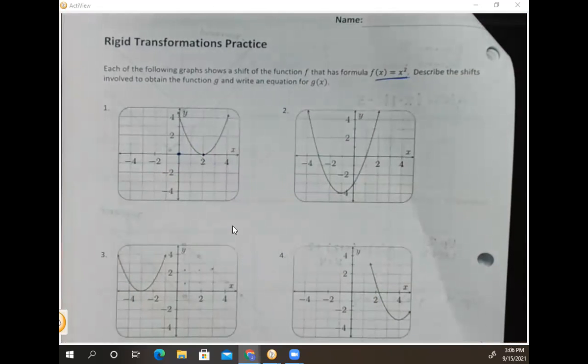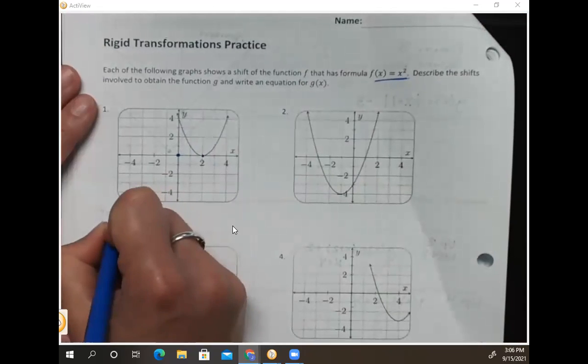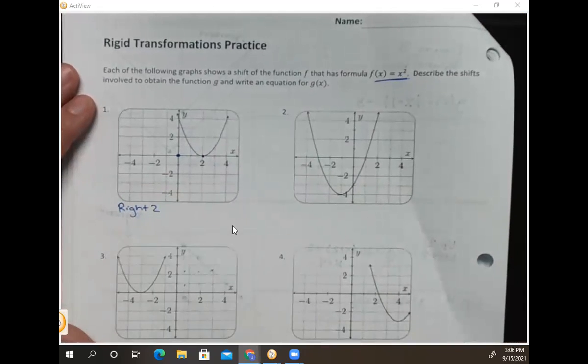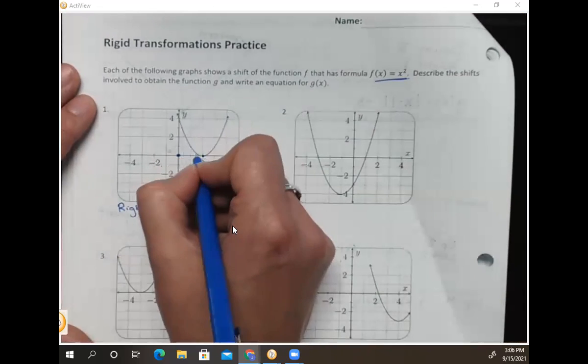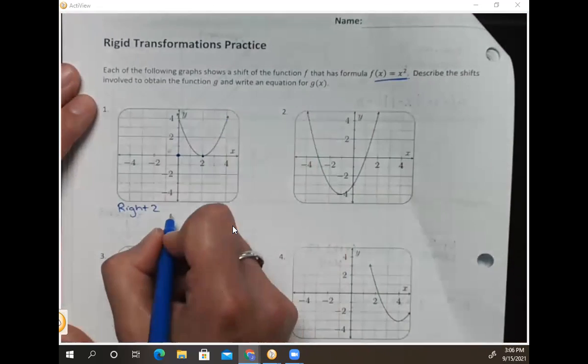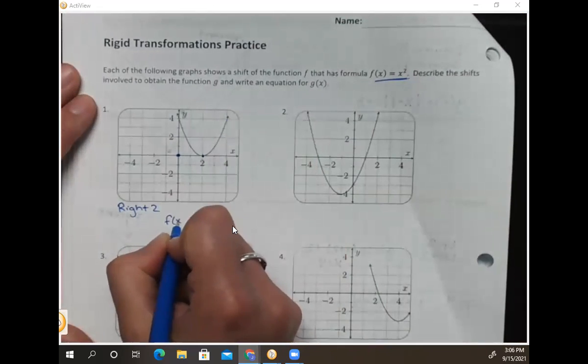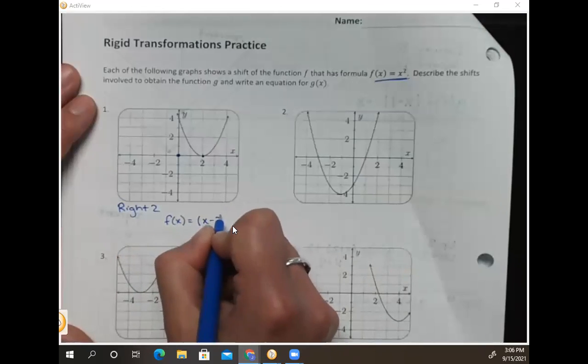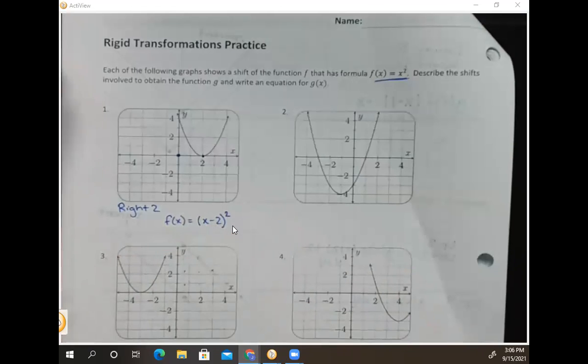I went right 2. So my function to describe this graph would be f of x equals x minus 2 with the square outside of the parentheses. Remember, anytime we move left or right, I group whatever I'm adding or subtracting in with x.